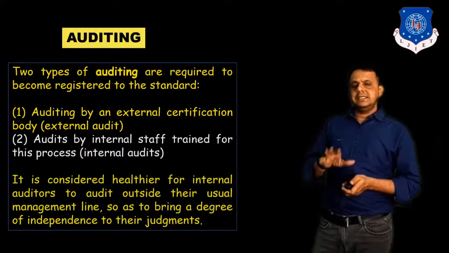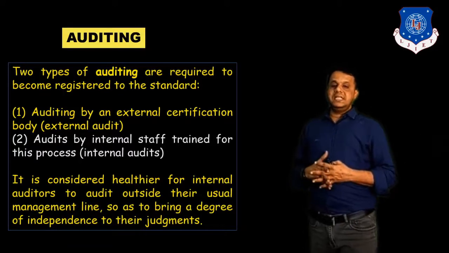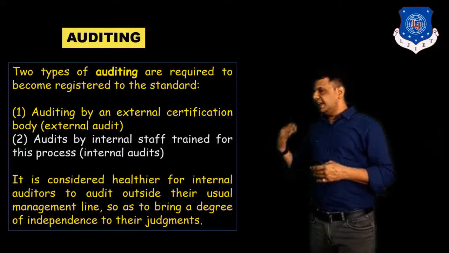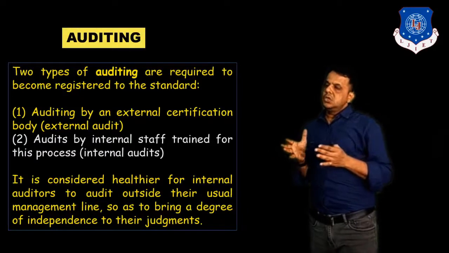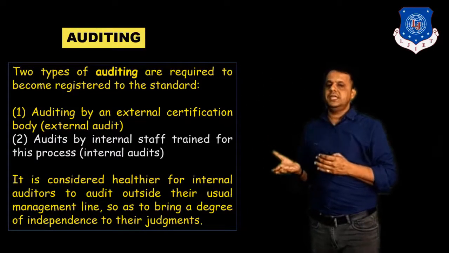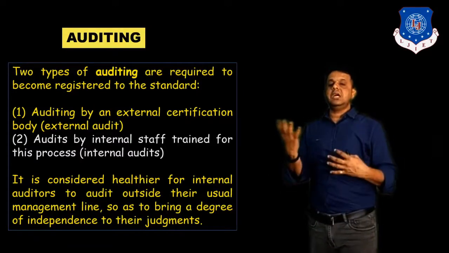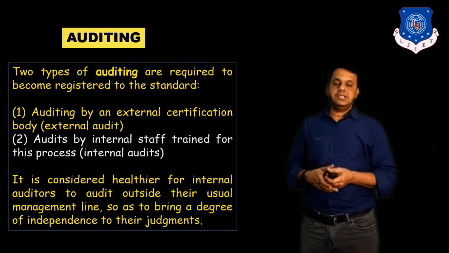It is considered healthier for internal auditors to audit outside their usual management line. Say if a marketing department goes to the sales department or financial department for auditing, it will be a healthier process. Certain things will come out, some errors will come out, or they will have knowledge sharing.